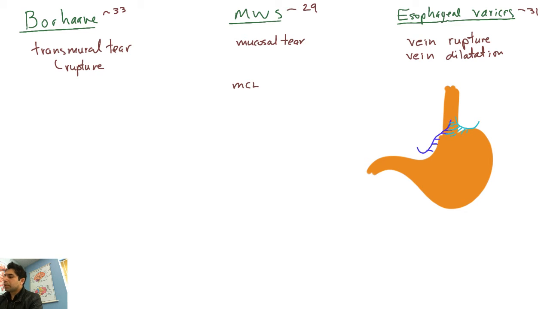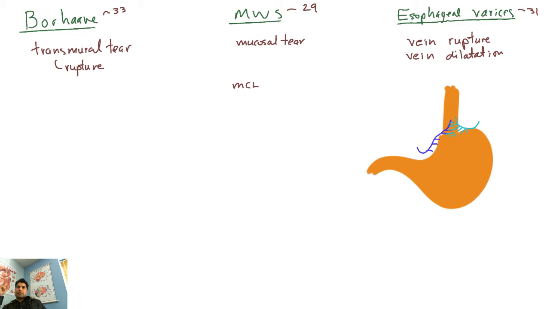Plexus means network, so anastomosis. The left gastric vein is part of the portal system. Remember this. Portal system, P-O-R-T-A-L. The right gastric vein is part of the caval system or systemic veins. Caval means cava, vena cava.